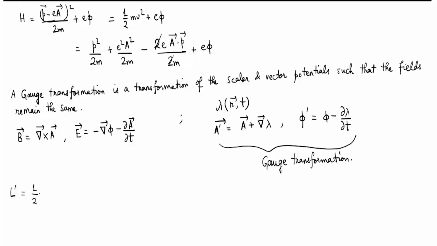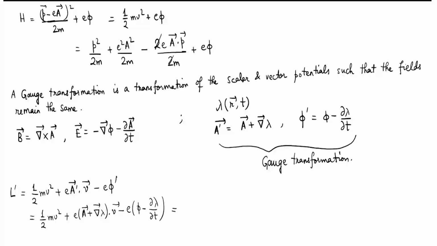This is half mv square plus E A prime vector dot v vector minus E phi prime. This is equal to half mv square plus E into A plus grad lambda dot v minus E into phi minus del lambda del t.